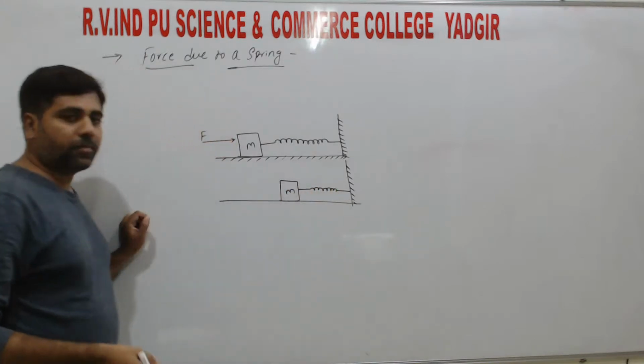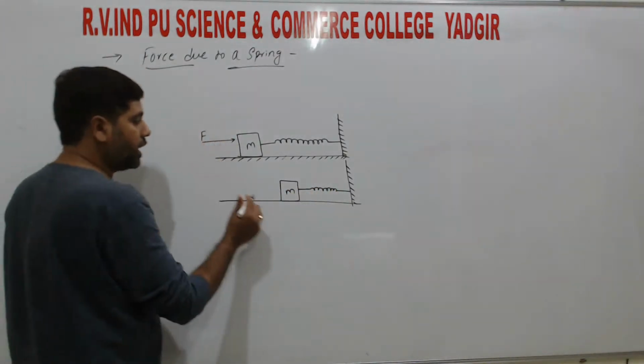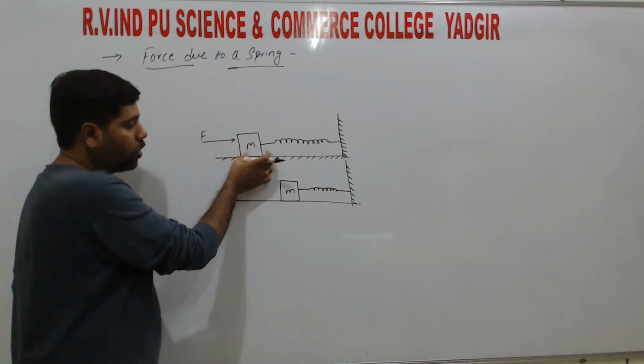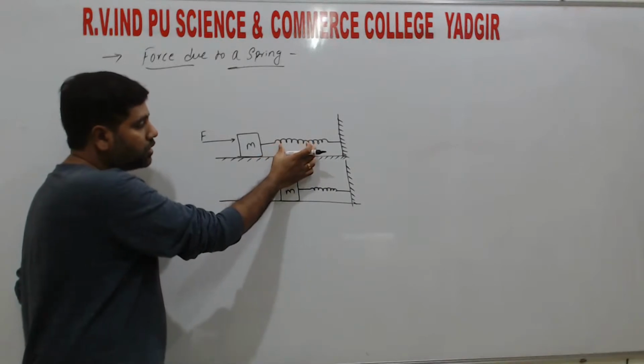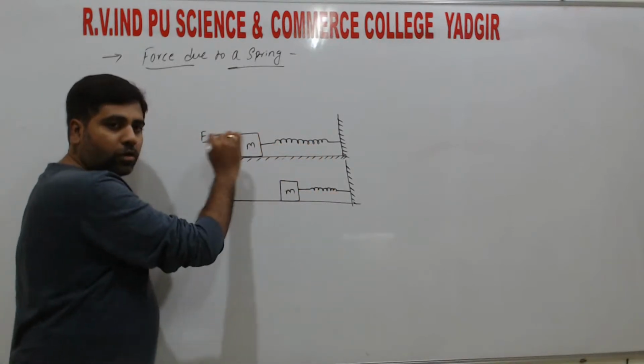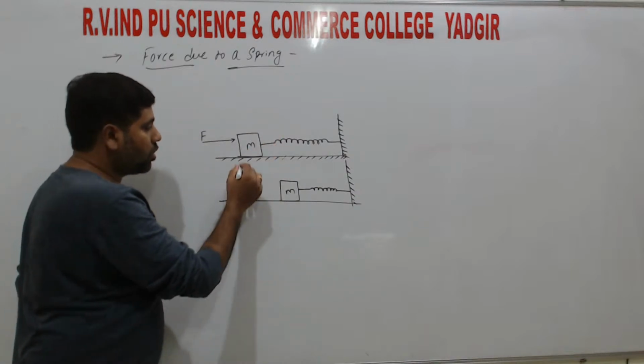When we apply the external force, the block moves forward and the spring gets compressed, right? The force is applied towards the positive x-axis along the horizontal.